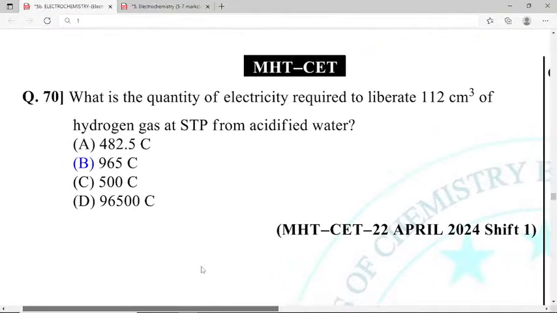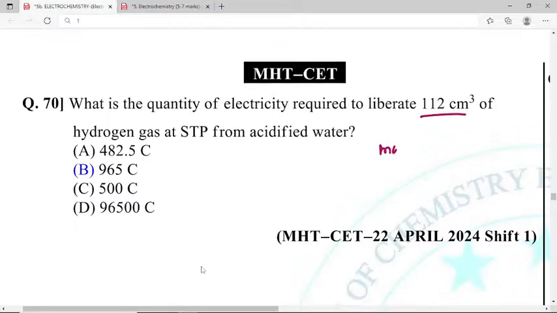So hydrogen, 1 H plus. What is the quantity of electricity required, in coulombs, to liberate 112 centimeter cube of hydrogen gas at STP from acidified water? First convert to moles.